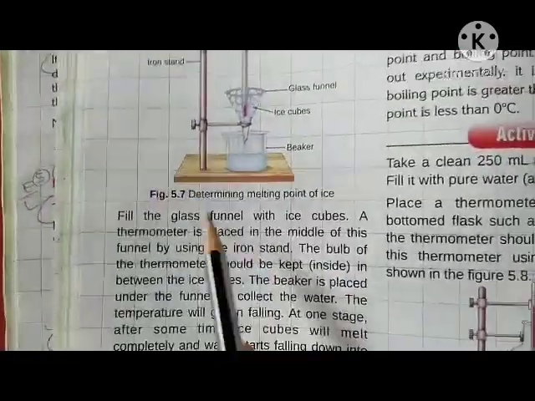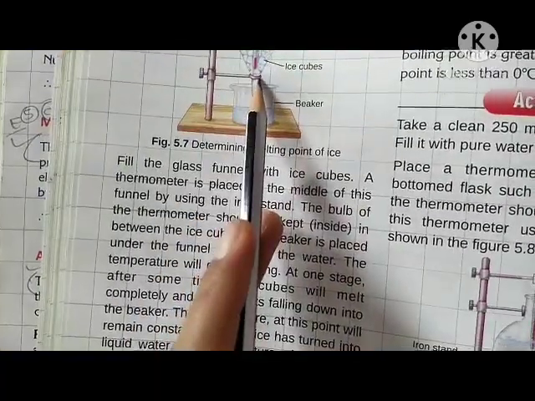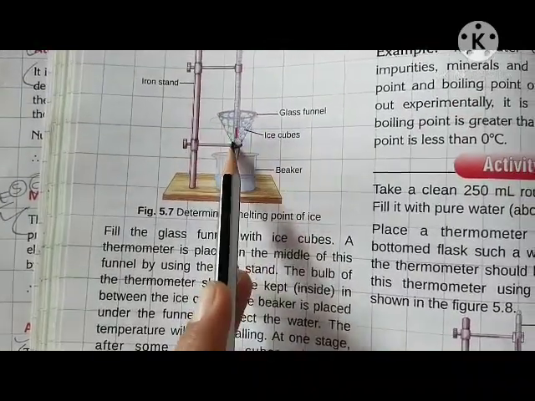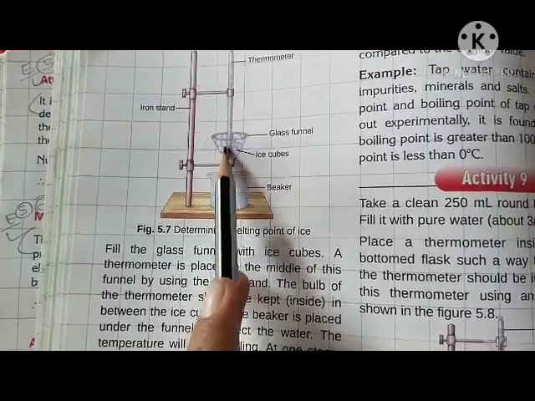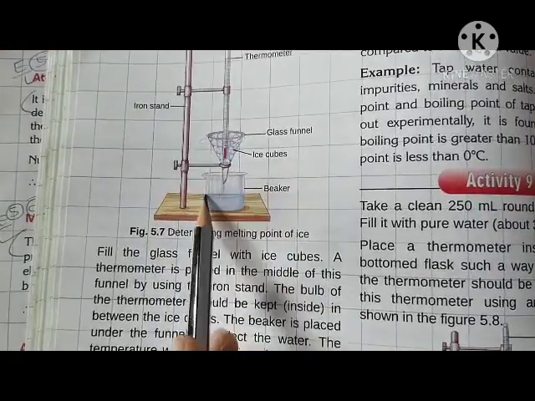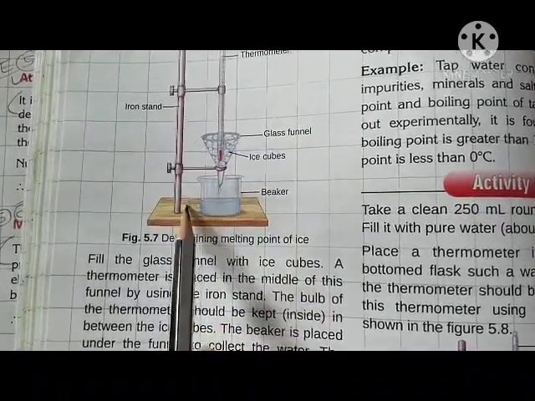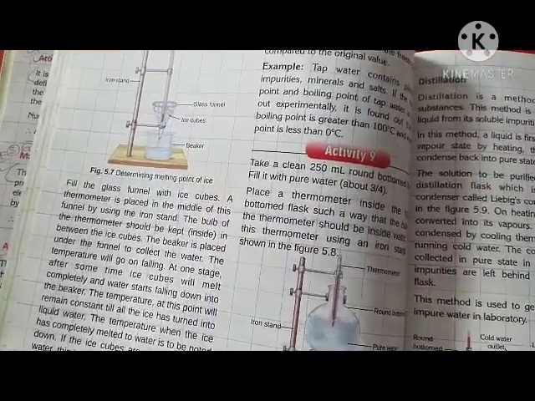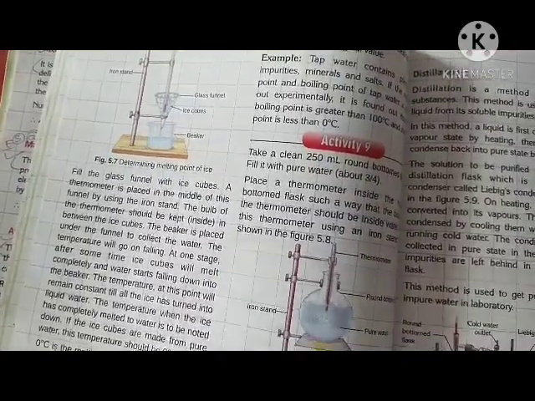Here you can see the determination of the melting point of ice by a thermometer. Students, here in the glass funnel the ice cubes are kept and this is the thermometer. The thermometer will tell the temperature at which the ice cubes are melting, and here in the beaker, after the melting of ice, they become water. Now, hope you are able to understand what is electrolysis, application of electrolysis, melting point and boiling point.